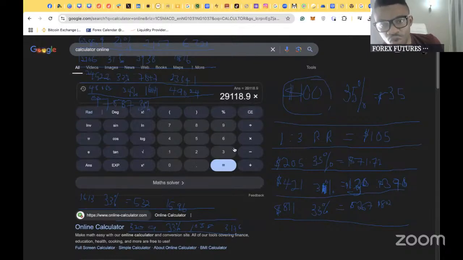29,118. If it goes well, 1:3, you are going upward to a profit of 873. You see what I'm saying right now? So let's say you are risking 29,356.